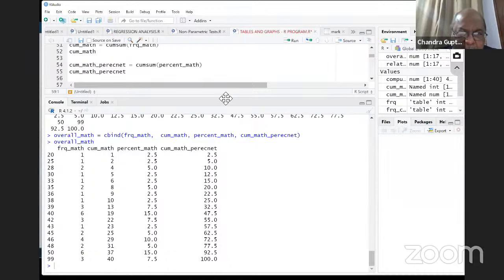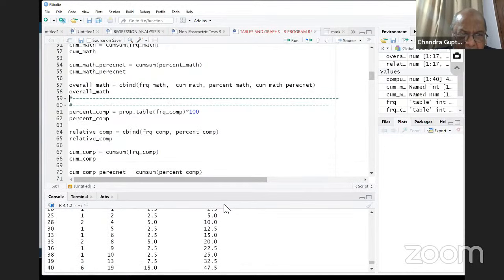So the basic command which I'm using here is table, proportion table.